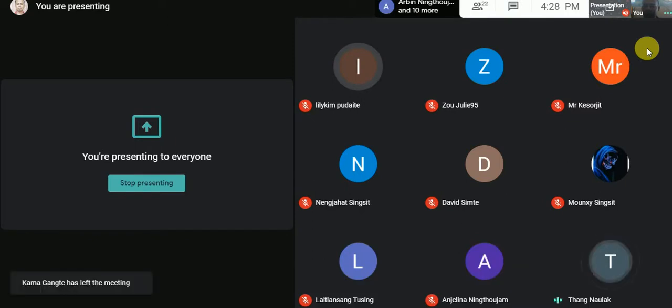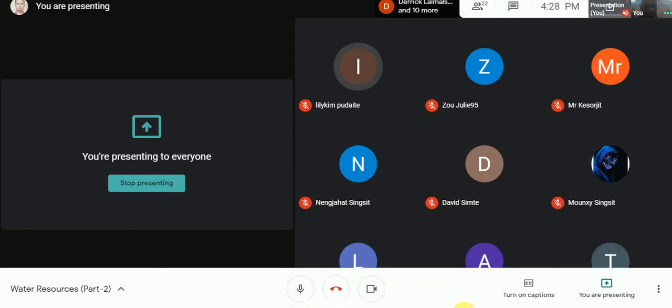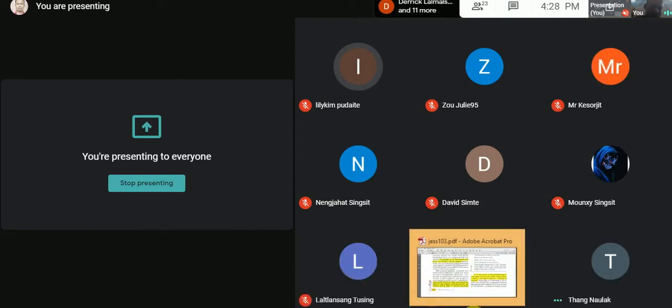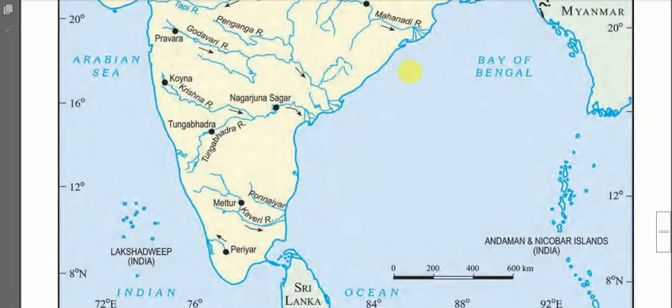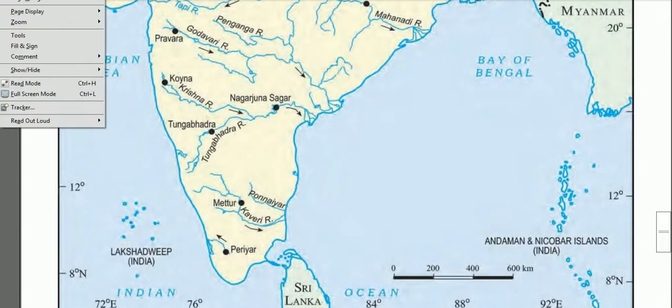The map, can you show it in full? Can you show that map in full? We'll see the screenshot. Do you want to make it smaller? Full screen mode?